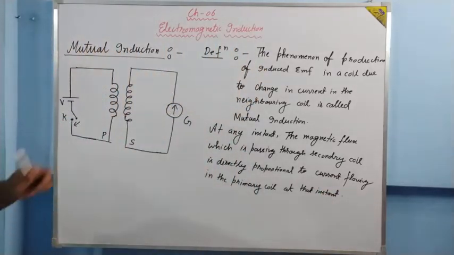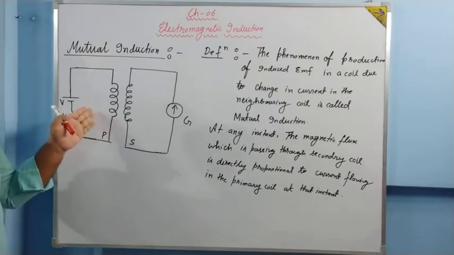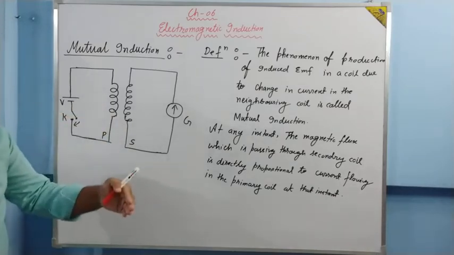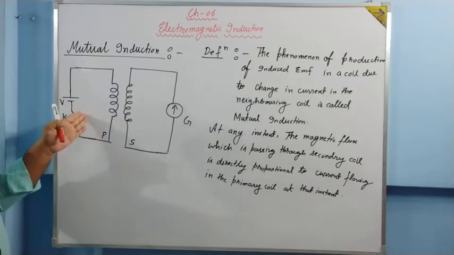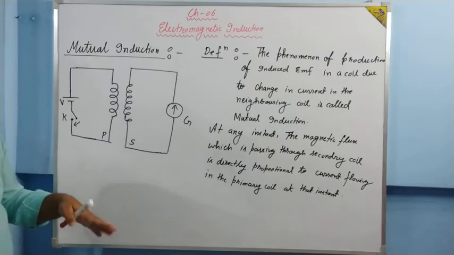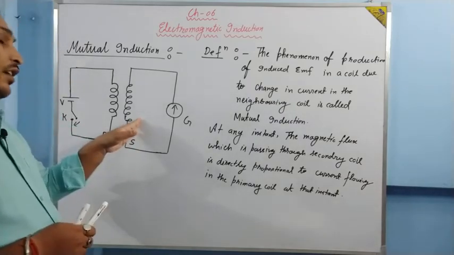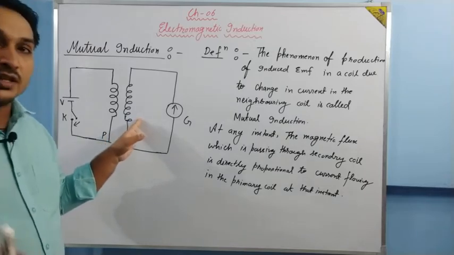Okay, magnetic flux is actually due to the current in the primary coil. So whatever the magnetic flux changes, it is due to change in the current in the primary coil. The magnetic flux linked with the secondary depends upon what? The answer is very simple.